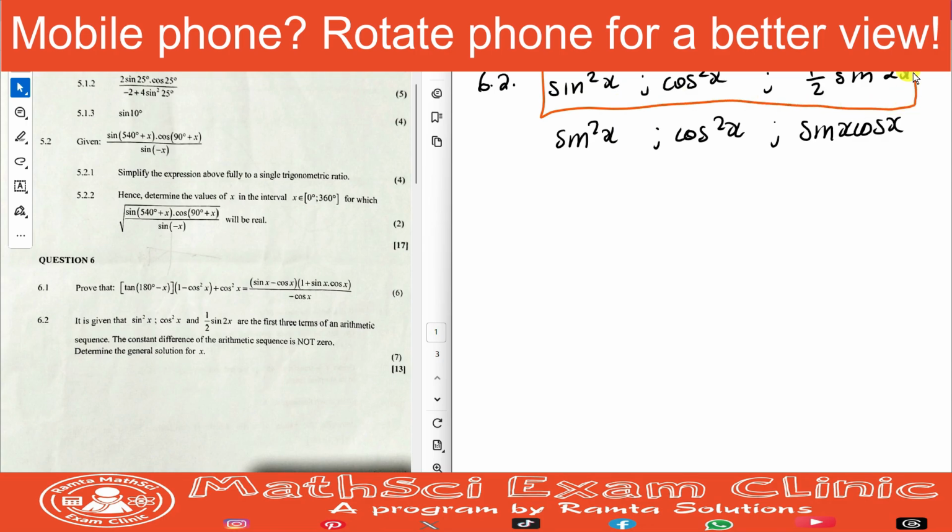This is just something that you need, but we can expand it in this way. With it being arithmetic, you can say term 2 minus term 1, what is it? Cos square x minus sine square x. Term 3 minus term 2 is sine x cos x minus cos squared x.